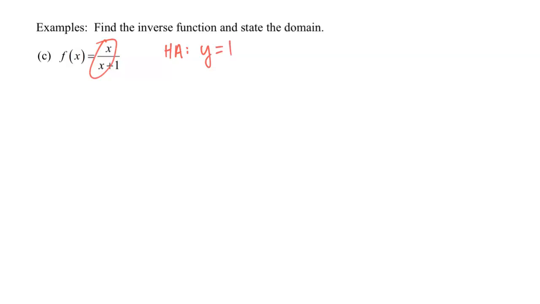And so the range basically is going to include every number except for 1. And so that's going to make my range of the original function negative infinity until 1, not included, and then not including 1 to infinity.